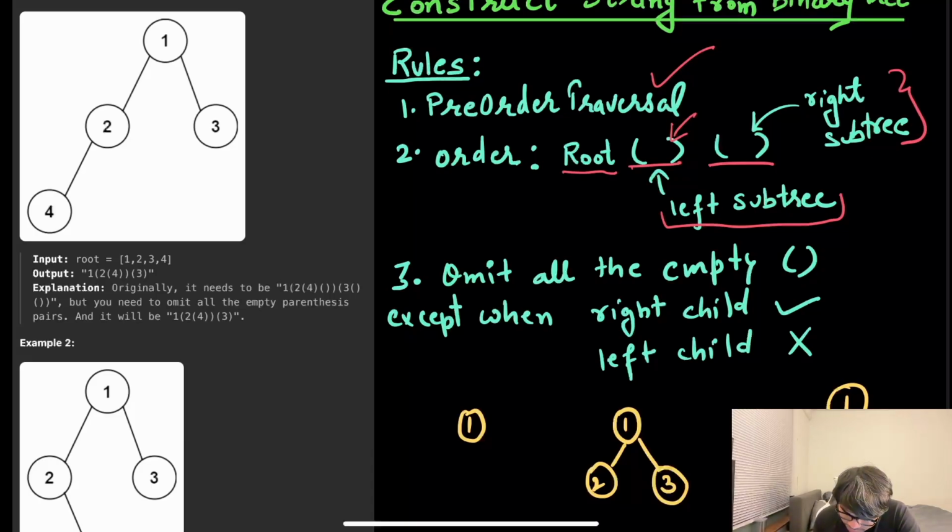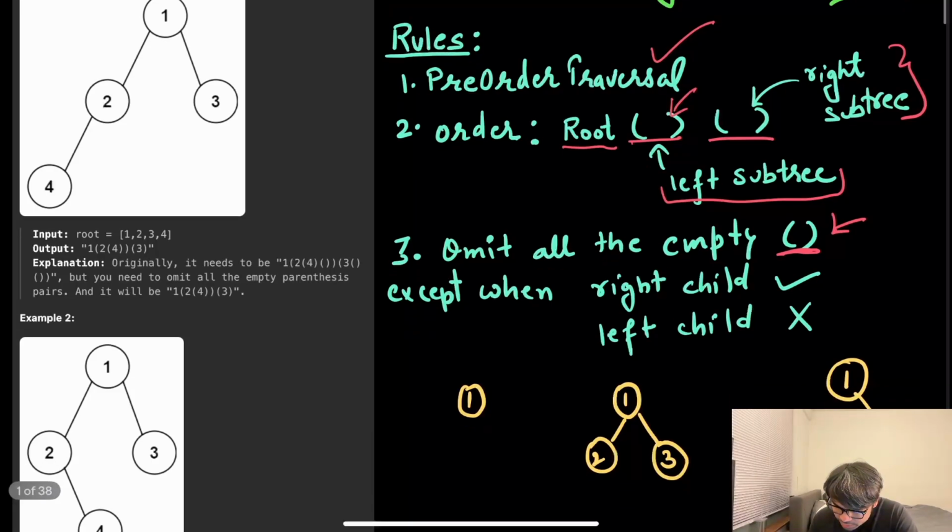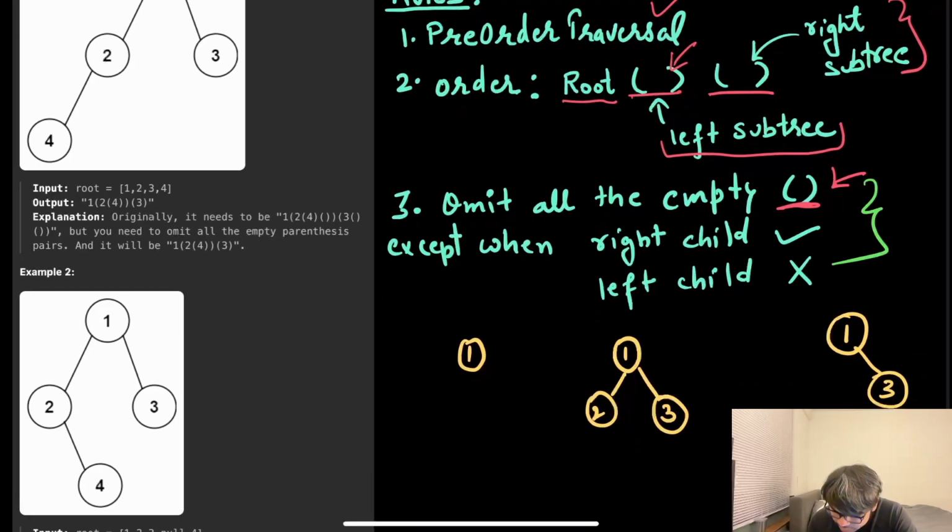It says omit all empty parentheses except when the right child is present but the left child is not present. So if we find empty parentheses, then we have to remove them.